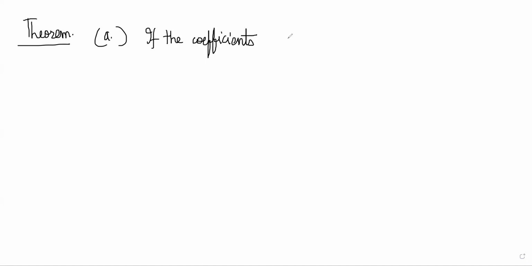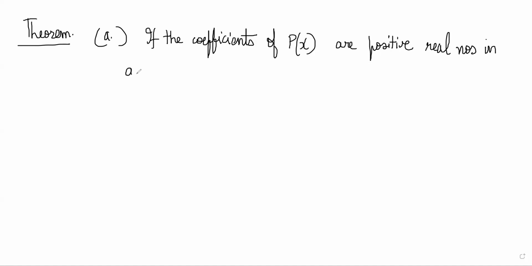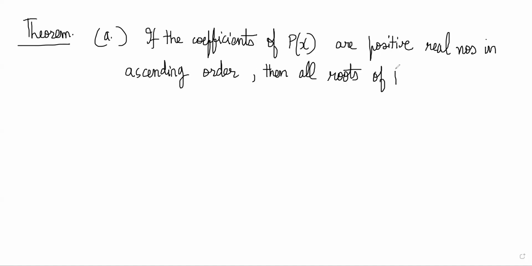If the coefficients of p of x are positive real numbers in ascending order, then all roots of p of x lie outside or on the unit circle.